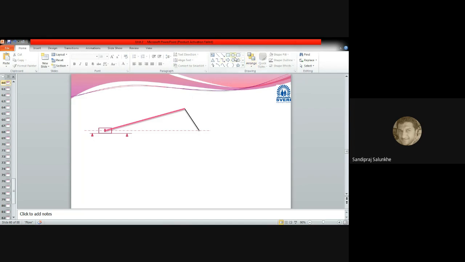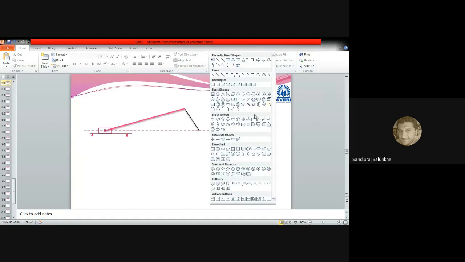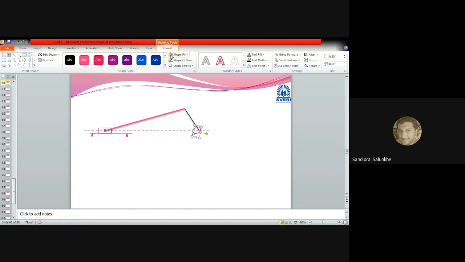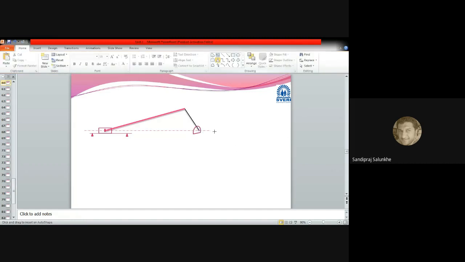And here we are going to make one stationary support for the crank, that is the main bearing support. This is also fixed.